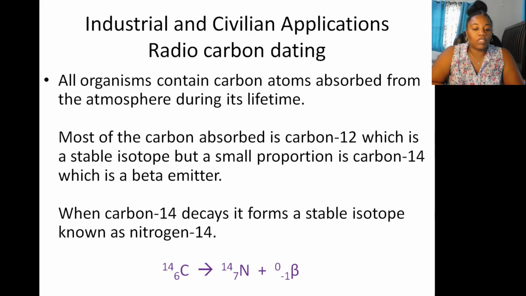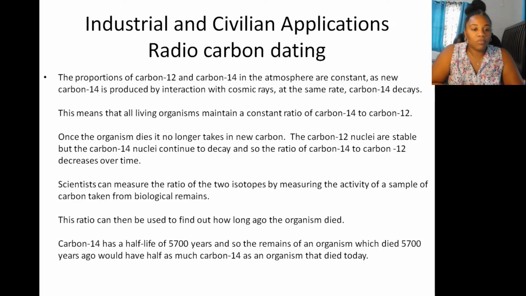So you can see that once the beta radiation comes off, we have an increase in the proton count, right? So it emits an electron that wasn't there before, and the proton count therefore increases. However, the mass number stays the same.